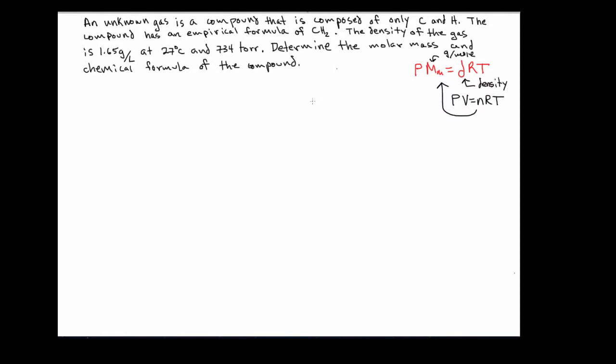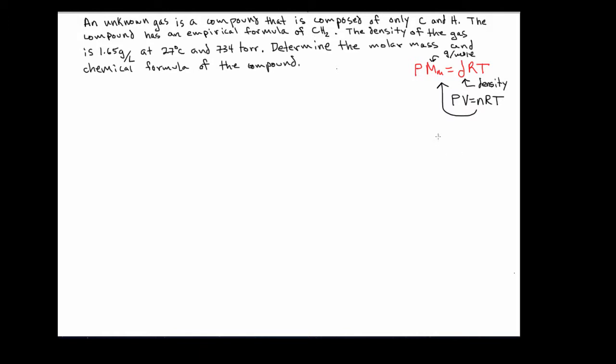We've got an unknown gas in a container of some kind. We're told that the gas contains only carbon and hydrogen. So this is a chemical compound that is composed of only carbon and hydrogen. It's probably what we call an alkane. The compound has an empirical formula, which is CH2.